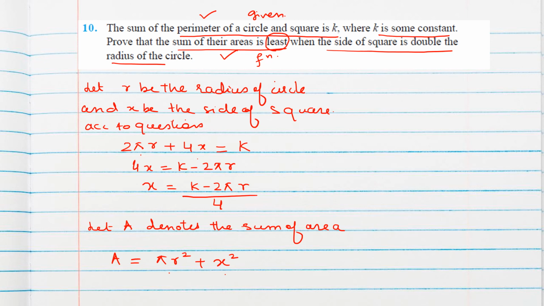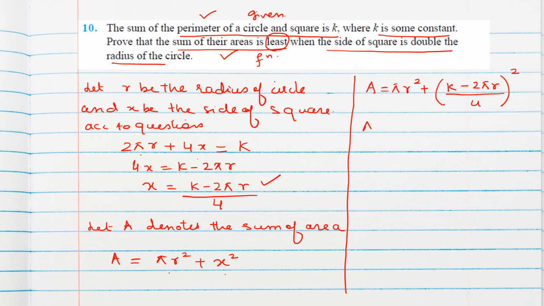It should be least, so we should differentiate this, put that derivative as 0 to get the points, and then take the second order derivative. Before that, this should be in one variable case. So here we got one relation. This x value we will substitute here, x square. So we have x as K minus 2 pi r by 4, squared.